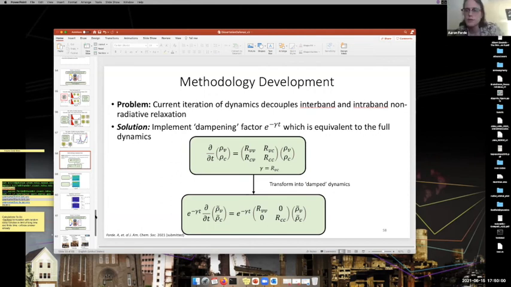On my summary slide, I mentioned a couple of experimental observations that have been reported that these calculations could potentially give insight to. So Stokes shift and then stretching of the photoluminescence decay.